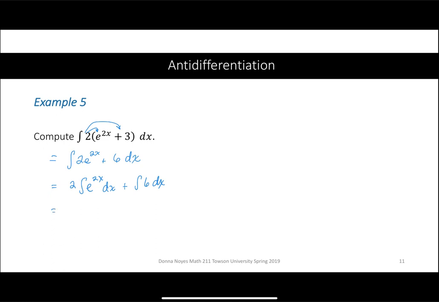Well, we already know from our exponential rule that this is 2 times, and what we have here is e to the kx, so it's 1 over k times e to the kx. And in our case, k is 2. So we have 1/2 e to the 2x.